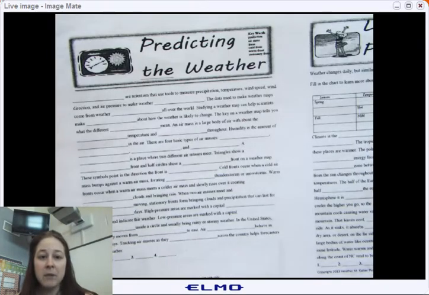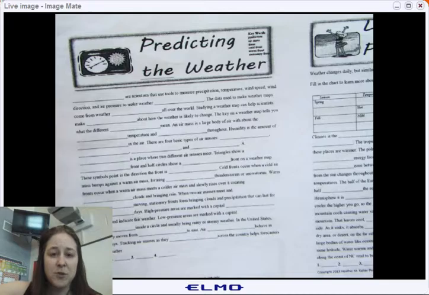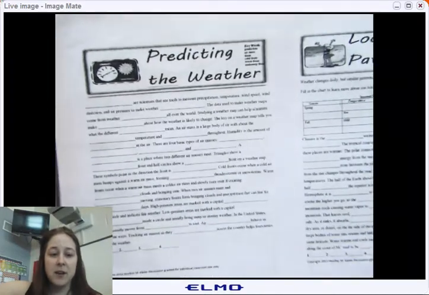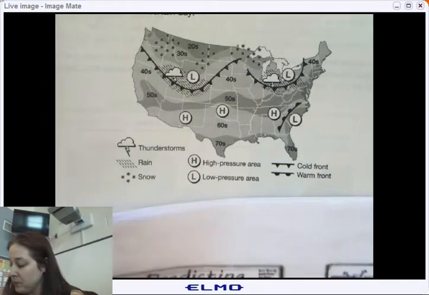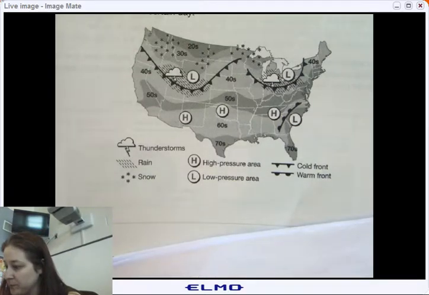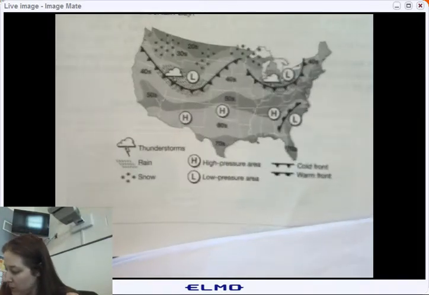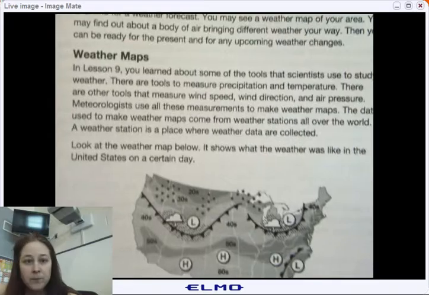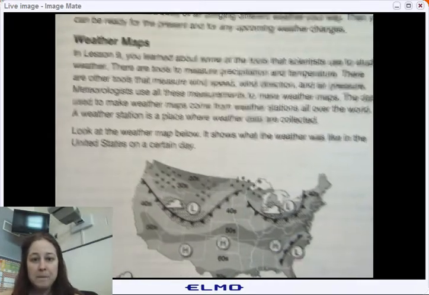If I go back and look at my notes over here, blank are scientists that use tools to measure precipitation. Who are they? They are meteorologists, right? Okay.